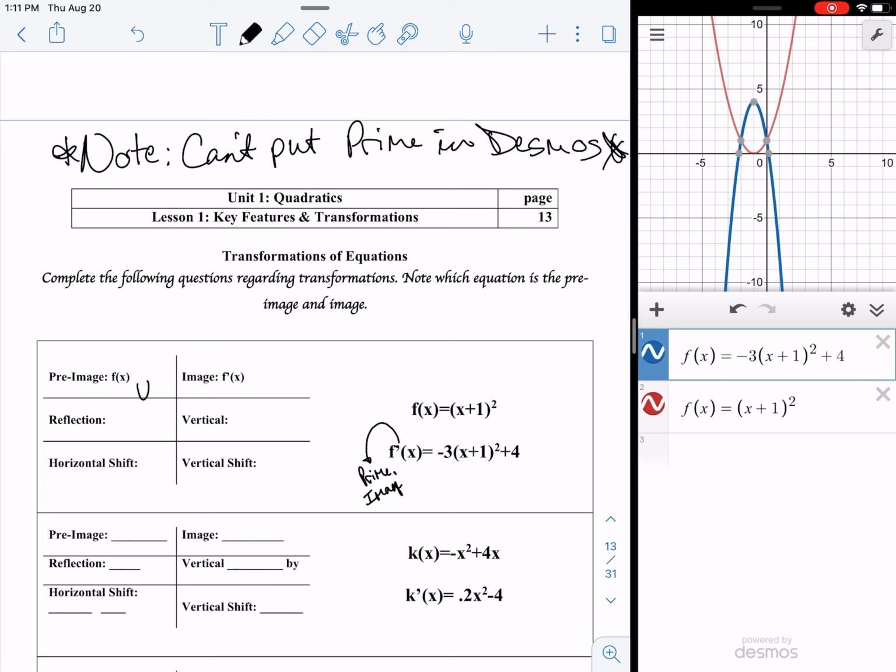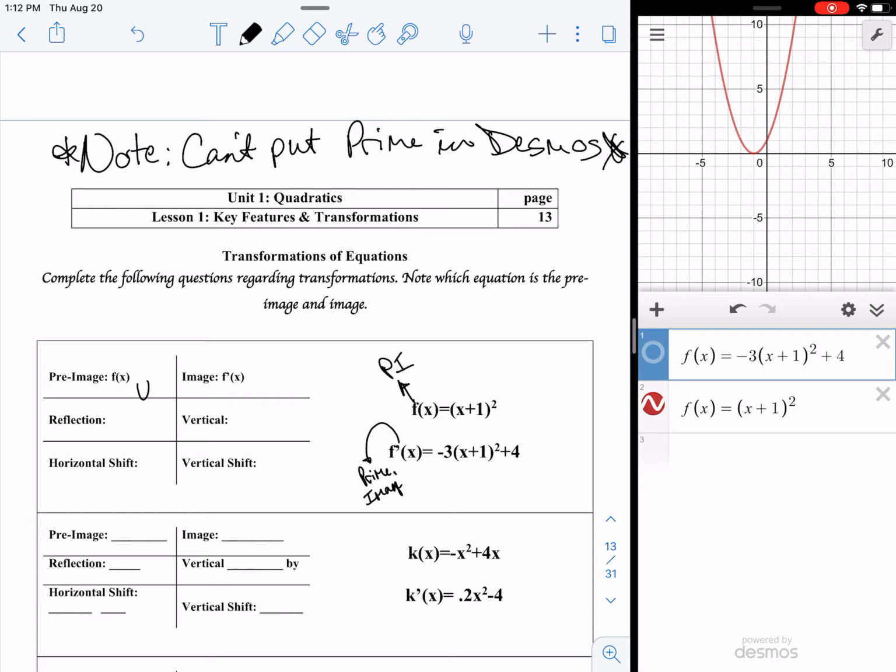The way I suggest doing this is when you type your first function, f of x is equal to (x plus 1) squared, I know that this is my pre-image because it does not have the tick mark. The tick mark means prime, which also means image.